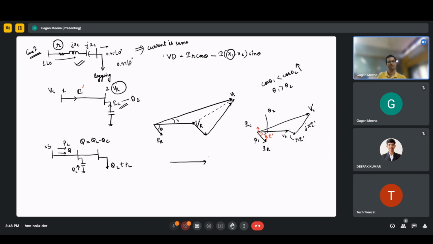If you draw the power triangle, this is P load, PL, and initially it was this QL. This is QL, so this is theta without capacitor.